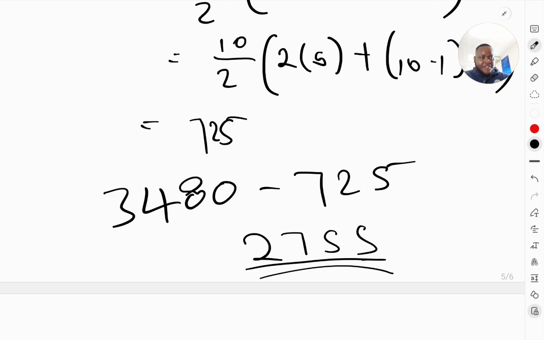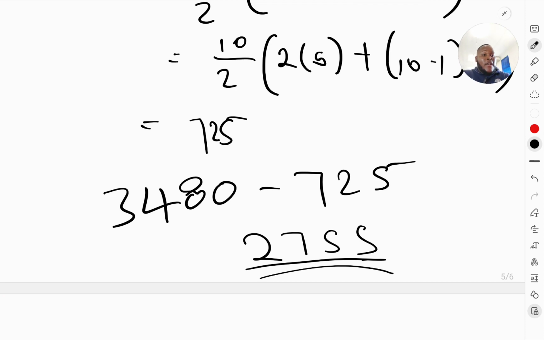I hope we have achieved the lesson focus, whereby we were supposed to deal with an arithmetic sequence, determining the general term of an arithmetic sequence, and determining the sum of the nth term in my arithmetic sequence. And we also dealt with, if we are given an arithmetic sequence and the question says determine the sum of the numbers that are even, or determine the sum of the numbers that are not divisible by 5, it means you are going to add all the numbers in your arithmetic sequence.